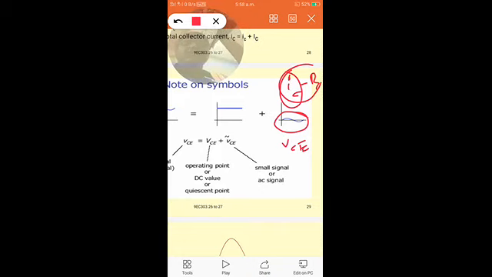So this is going to decrease with an increase in the current, and increase with a decrease in the current, opposite phase to the output current.